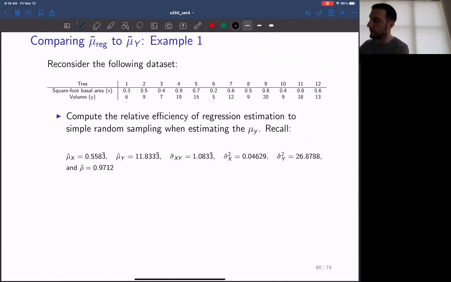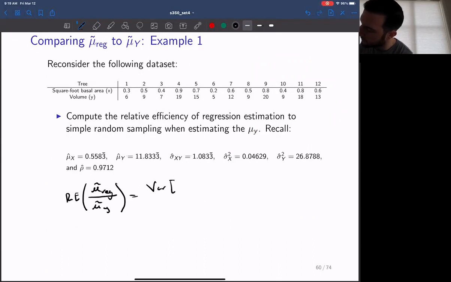All right, so we have here the relative efficiency of mu tilde reg over mu tilde y is equal to the variance of mu tilde y over the variance of mu tilde reg.